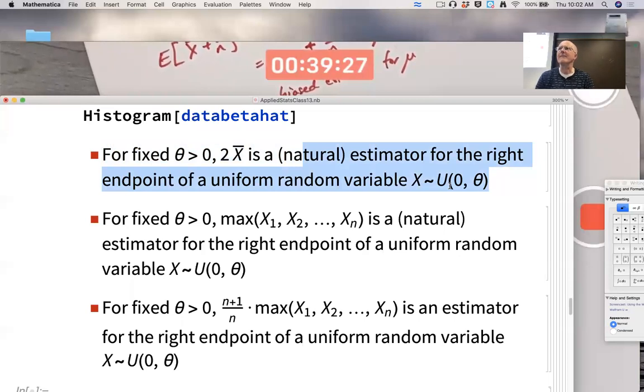Remember that? At a uniform distribution from 0 to theta, pretend theta is 10, for example. You're going to get numbers in a random sample uniformly distributed between 0 and 10. Their average should be close to 5, half of 10. So if I double that, it should be close to 10.